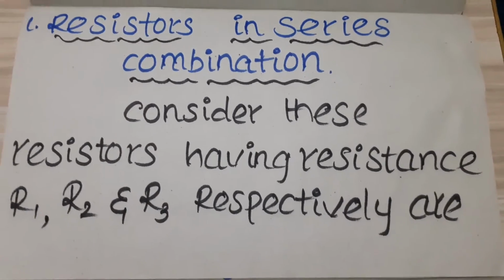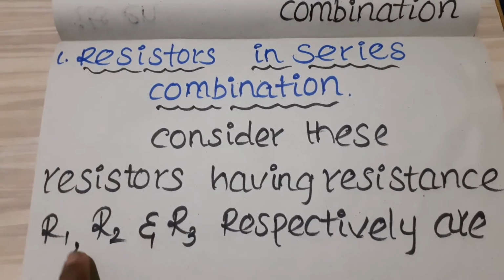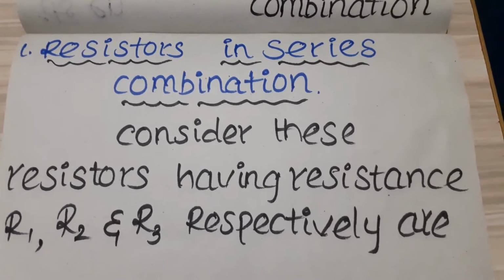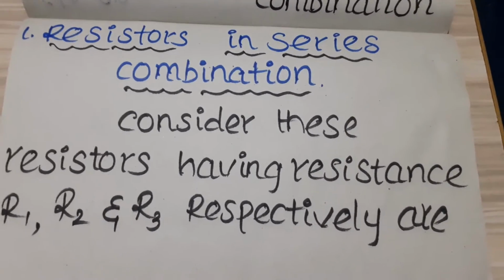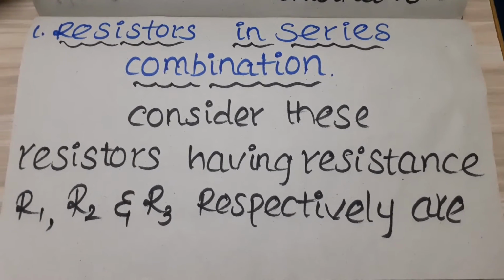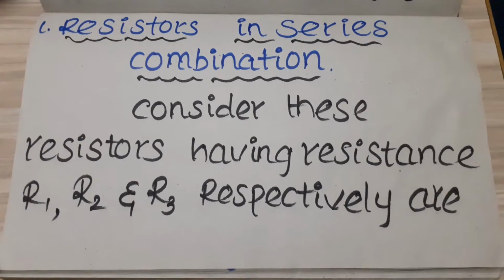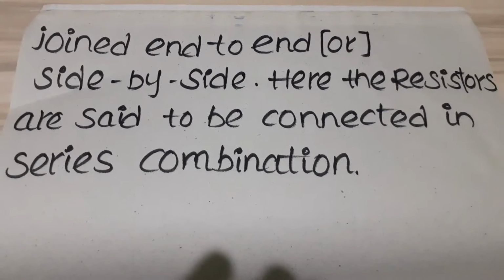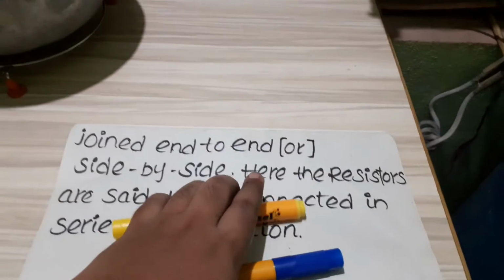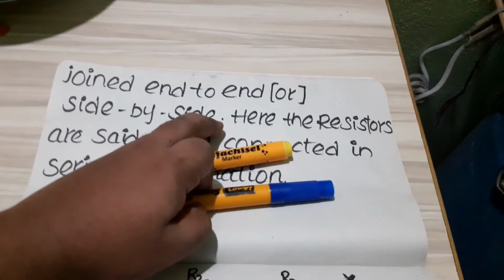First of all, I am taking three resistors R1, R2, R3. These three are connected in series combination. Consider these three resistors having resistances R1, R2, R3 respectively, which are joined end to end.